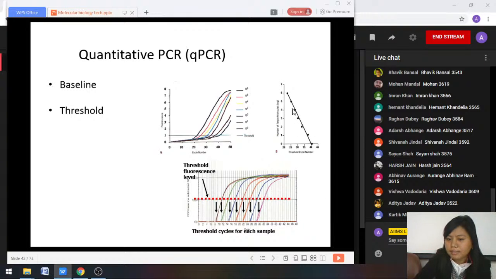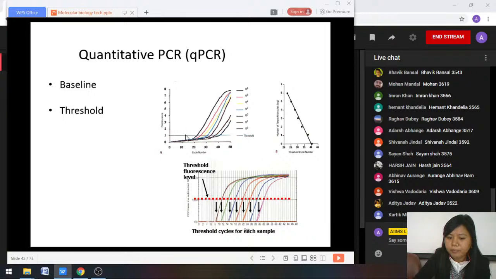And this has a certain mathematical formula, which can then be used to identify the load of unknown samples which have been added simultaneously. Remember, it has to be done in a single plate or tube together, in the same reaction mixture. So this is how we quantitate in real-time PCR.